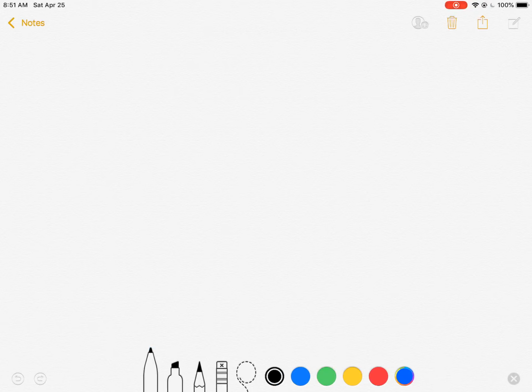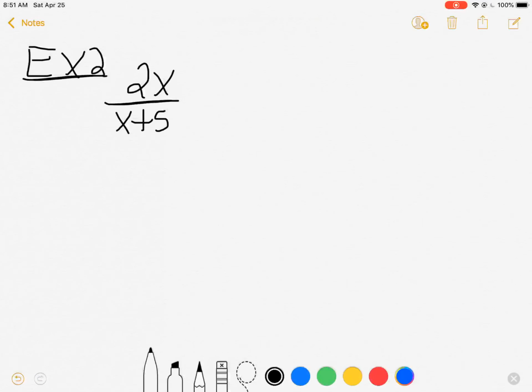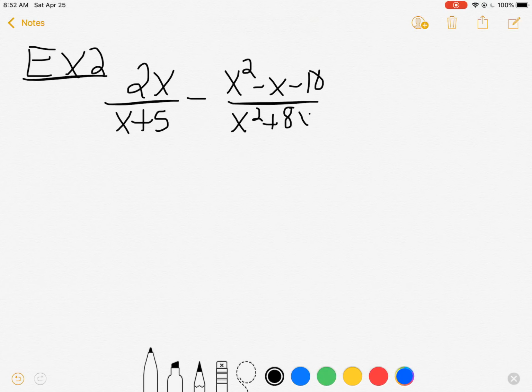On example 2, solving again, we have 2x over x plus 5 minus x squared minus x minus 10 over x squared plus 8x plus 15 equals 3 over x plus 3.